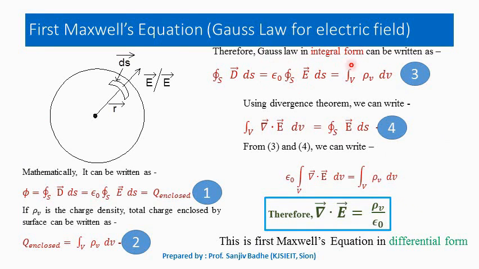So in the last slide, we have written Gauss law in integral form as epsilon naught surface integral of E bar ds equal to volume integral of rho v dv. Now we will use here divergence theorem to write this in differential form. Using divergence theorem, we can write volume integral of divergence of E bar to be equal to surface integral of E bar ds.